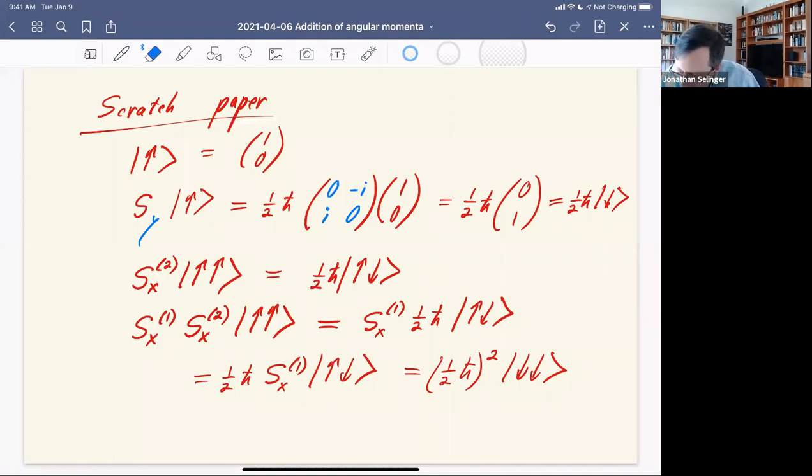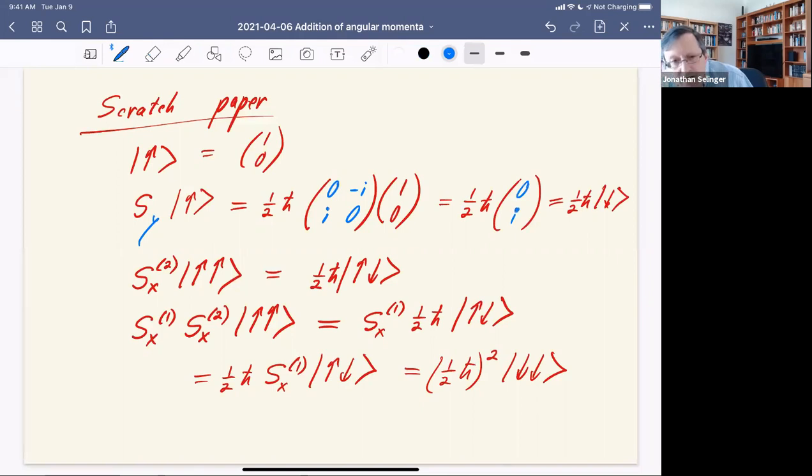We get a half h bar. On the top, there is 0 times 1 minus i times 0. That's 0. On the bottom, we have 1 times i plus 0 times 0.